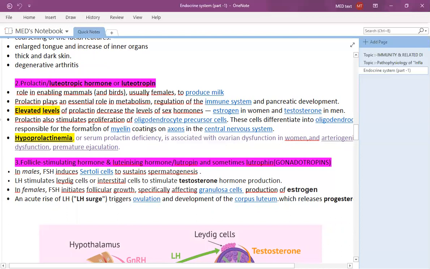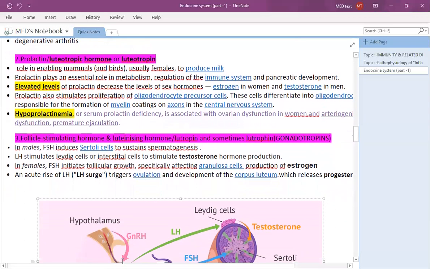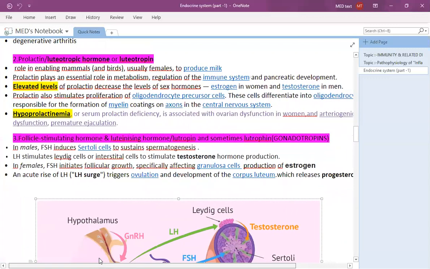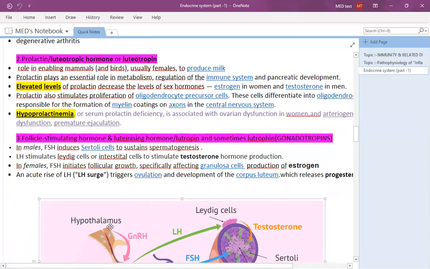Whoever doesn't know about this, please remember. The next one is hypoprolactinemia. Hypoprolactinemia, decreased levels of prolactin, is associated with ovary dysfunction in women. It causes premature ejaculation and it can cause erectile dysfunction also in males.